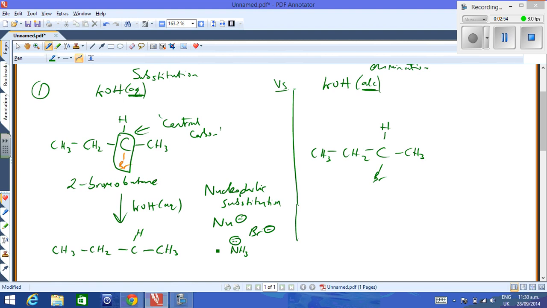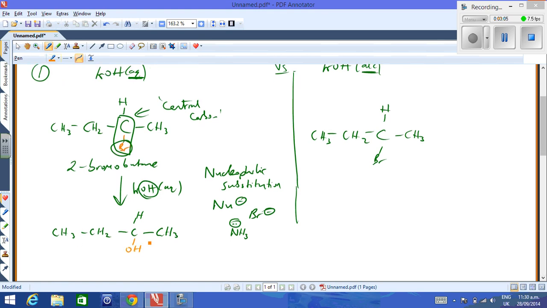So the nucleophile swap here is the OH group from the potassium hydroxide being swapped for the bromine, and therefore you get, as your product here, an alcohol, and this would be butan-2-ol, so you indicate the position of the OH group. But as well as that, the bromine has come off, and then it will bond with the potassium ion, so you'll also get KBr as well. So that's nucleophilic substitution if you're using potassium hydroxide aqueous.